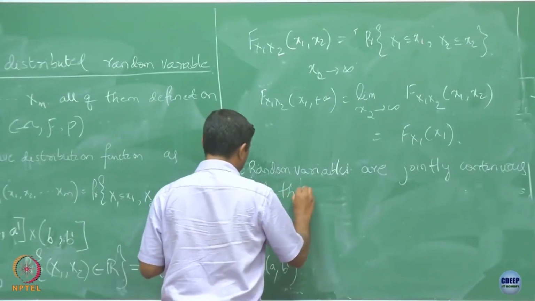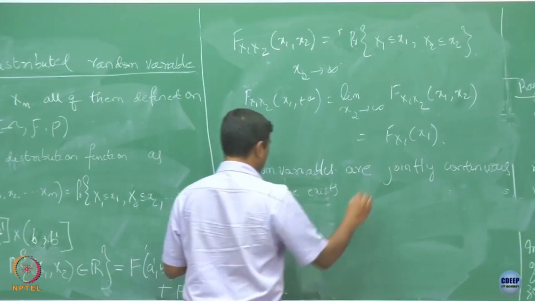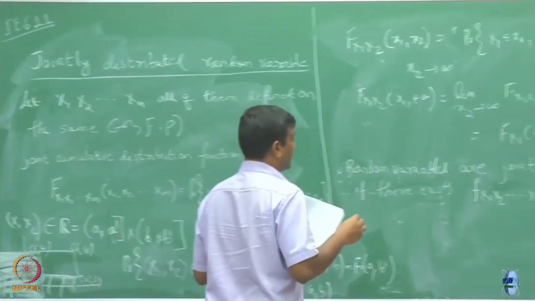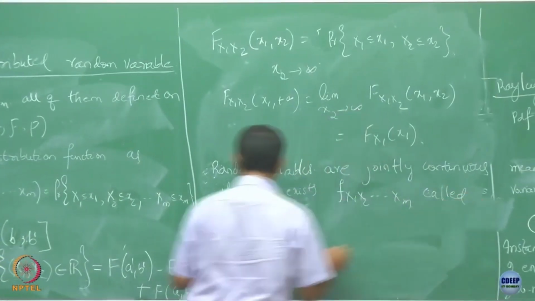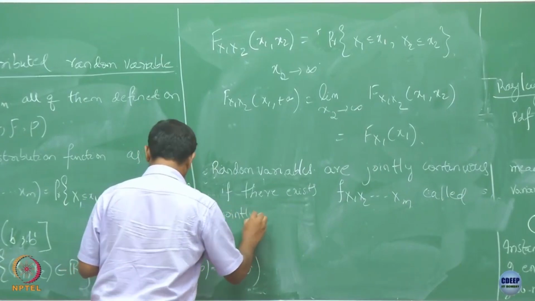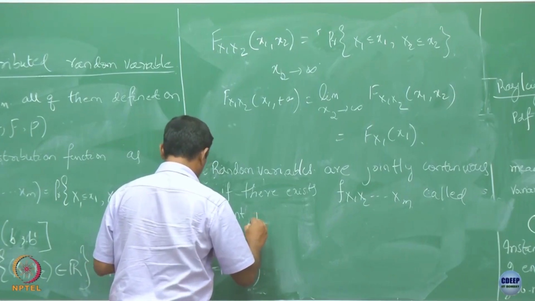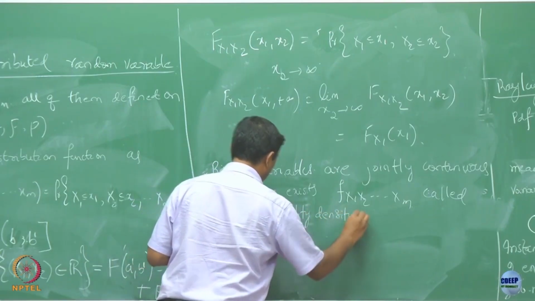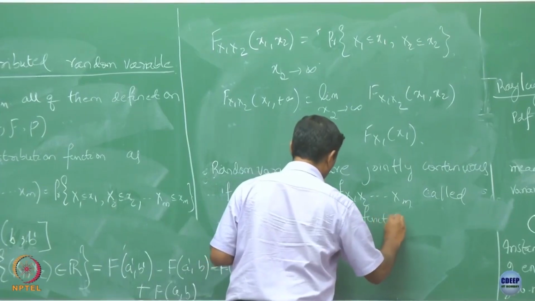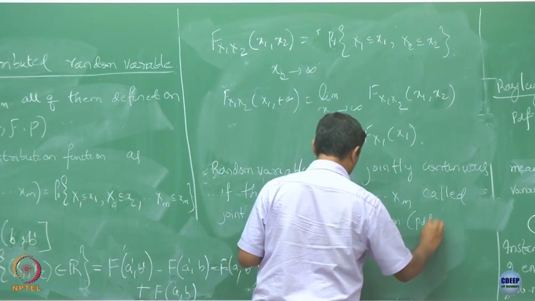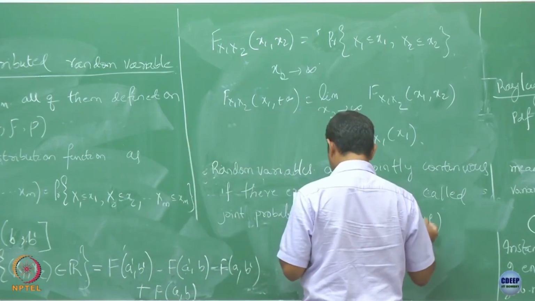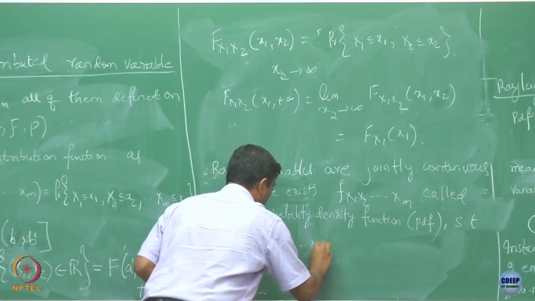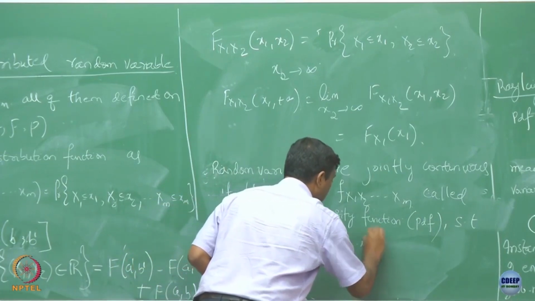if there exists a function, which I am going to call the joint probability density function, such that you can express this F of x1, x2, all the way up to xn, as an integral.